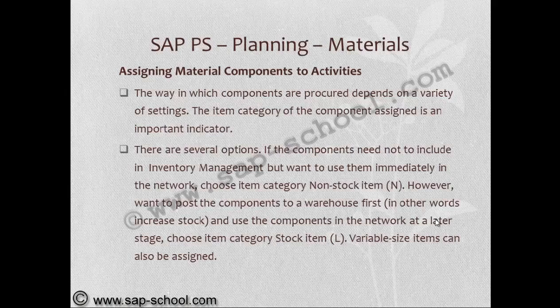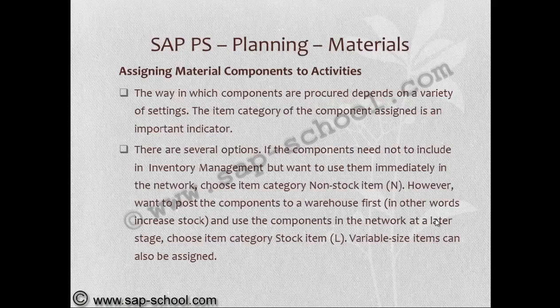That means whatever item we are procuring, we need not consolidate into inventory management and directly want to use it, that is non-stock item. However, if you want to post the components to a warehouse first and use them in the network at a later stage, choose the item category L.